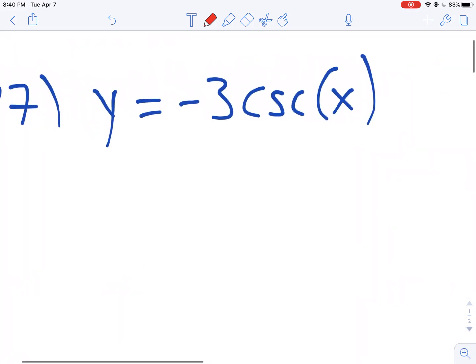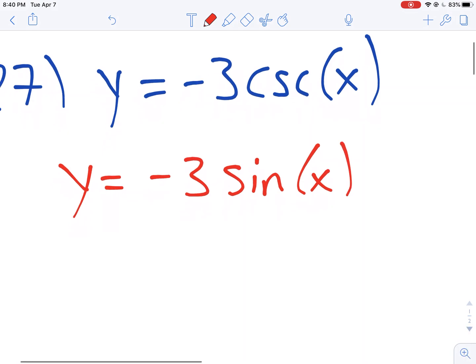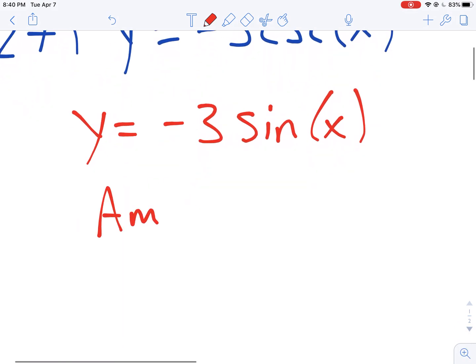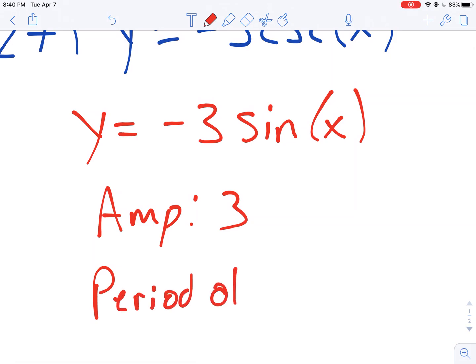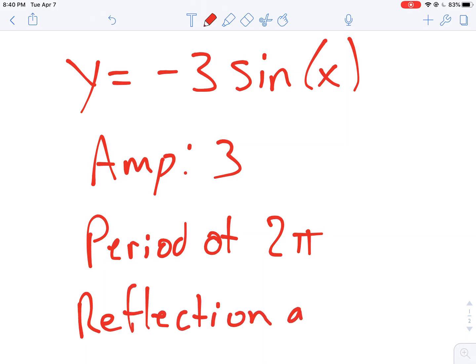So I'm going to actually graph y is equal to -3 times the sine of x. I've got an amplitude of 3, a period of 2 pi. I have not shifted that. And I also have a reflection about the x-axis.